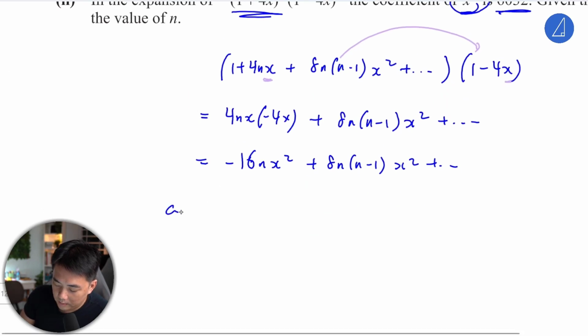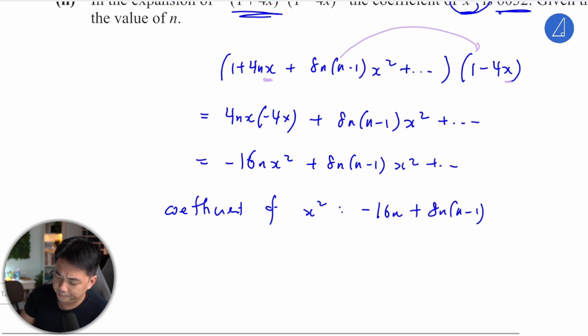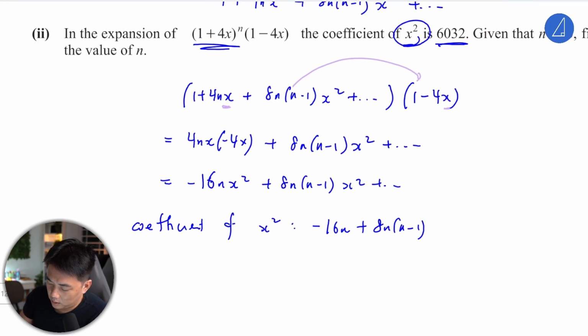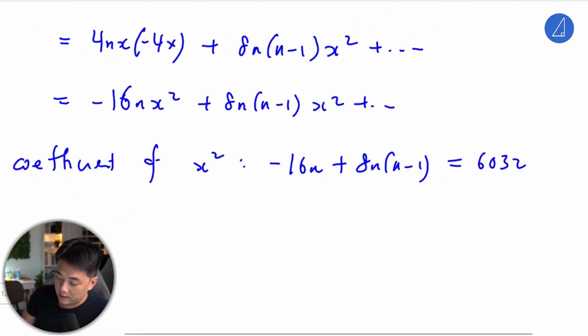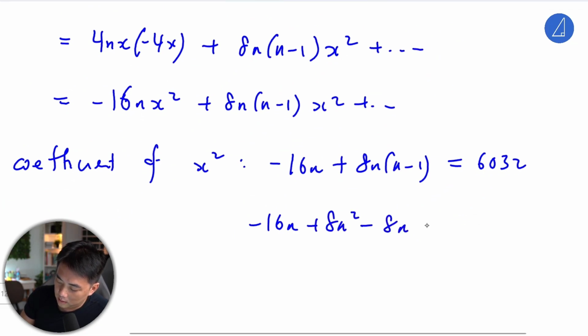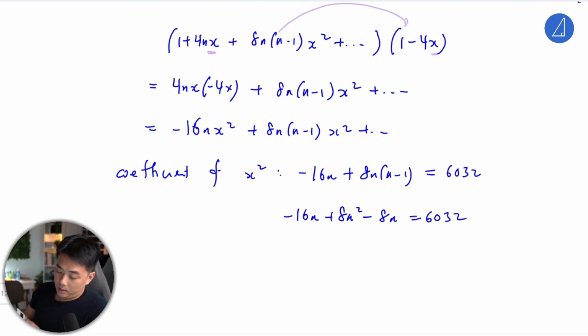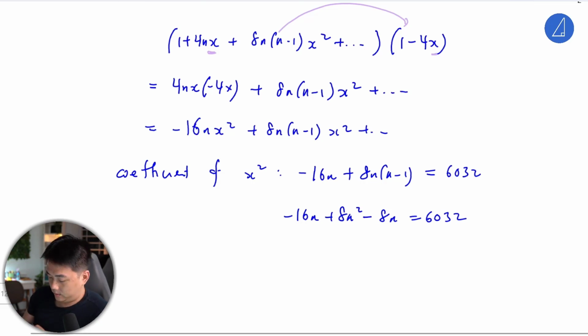So the coefficient of x squared, minus 16n plus 8n(n minus 1) equals 6032. Okay, so this case here, what we get is minus 16n plus 8n squared minus 8n equals 6032. Then I think, can we divide everything by 8?